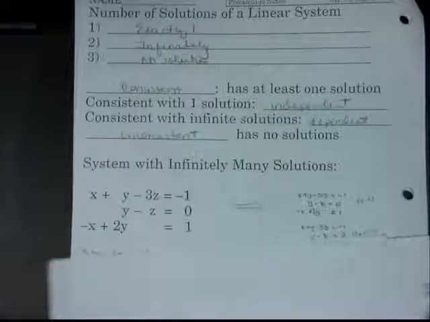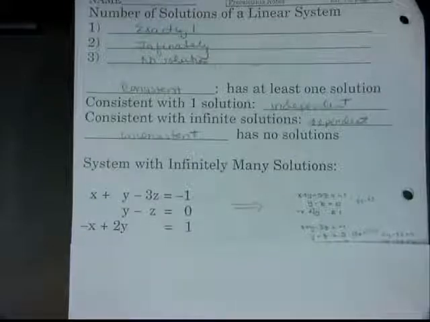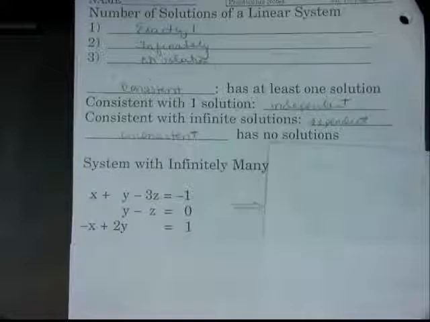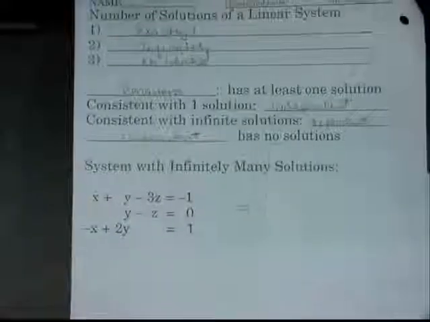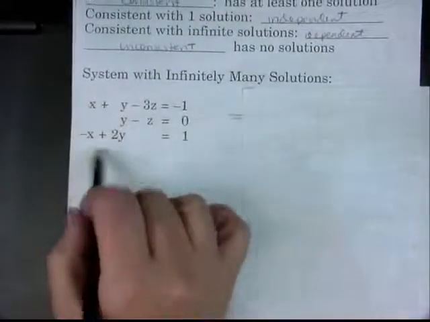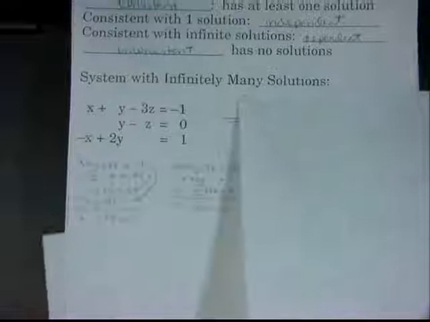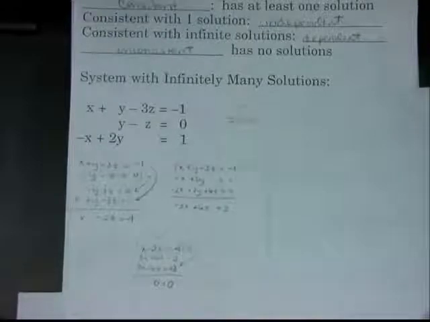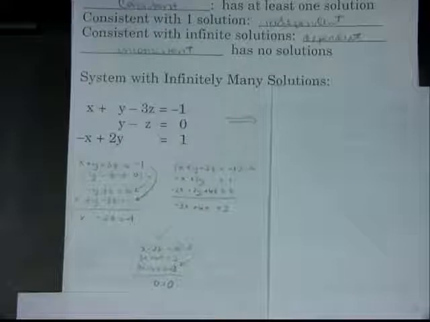We can also do it with our row echelon, where we're going to change from one to the other. What's important if I work this out by hand is that you're going to get 0 equals 0 with this substitution. And when that happens, that tells you that there is infinite.